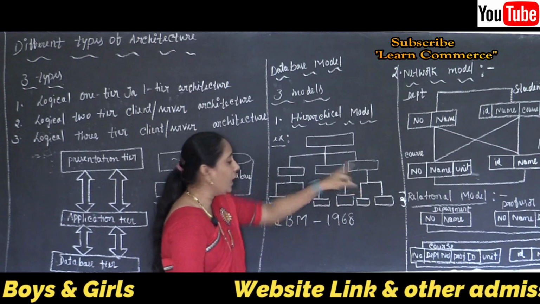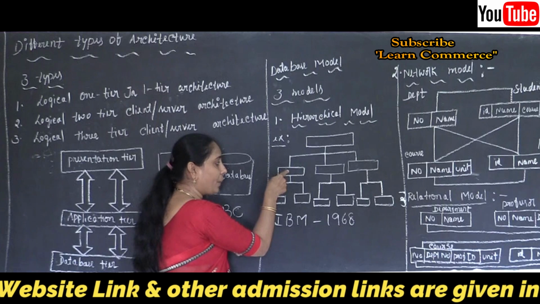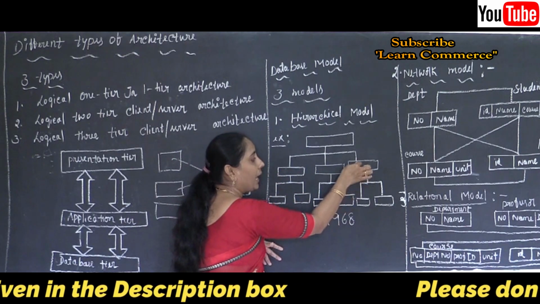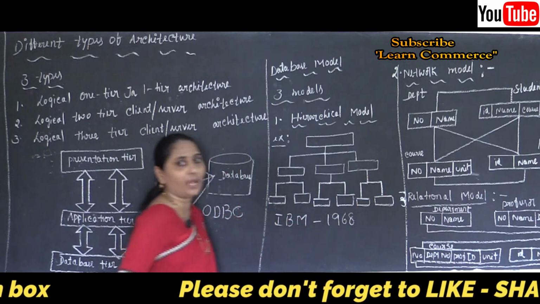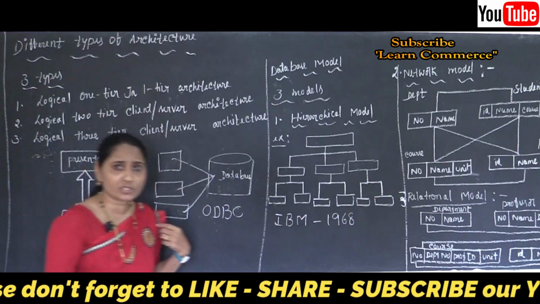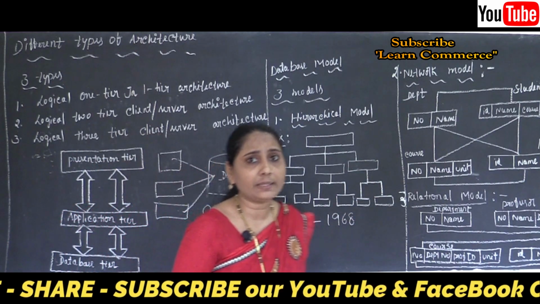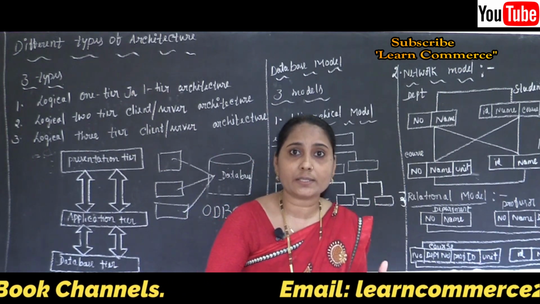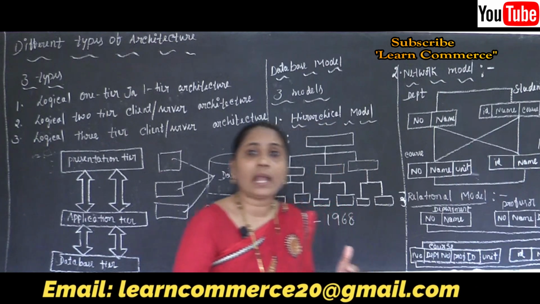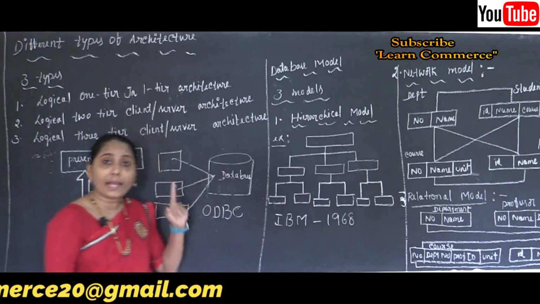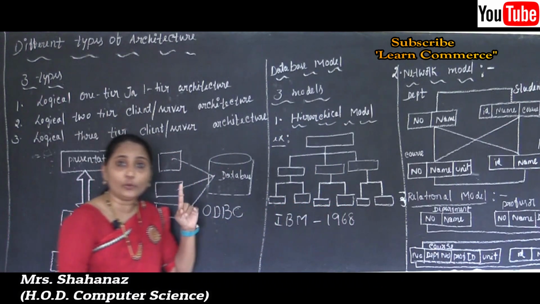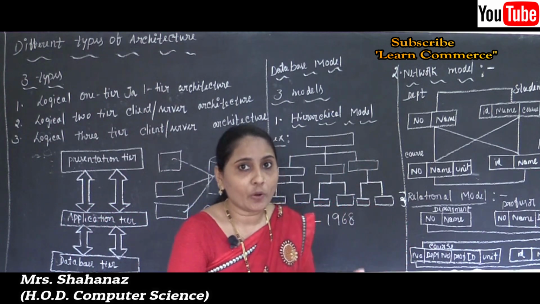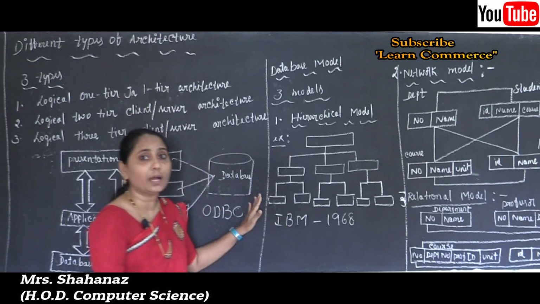Next, this is the parent and these are the child nodes. Again, this is the parent and these are the child nodes. A child node can only have one parent. This is clear in the hierarchical data model.